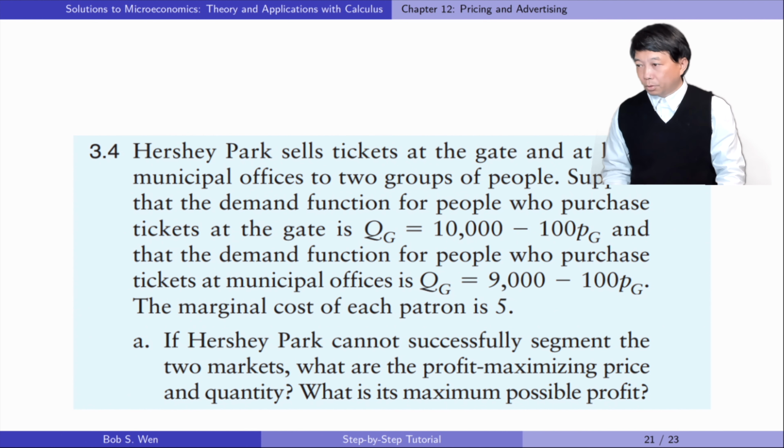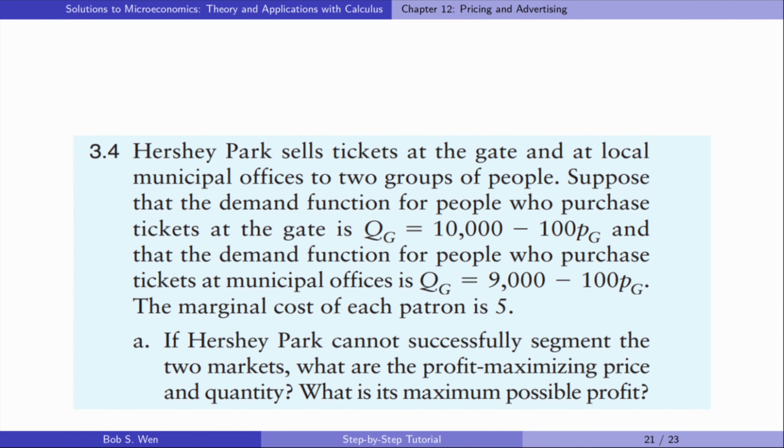The marginal cost of each patron is 5. In Part A, if the monopoly cannot successfully segment two markets, what are the profit maximizing price and quantity? What is its maximum possible profit?